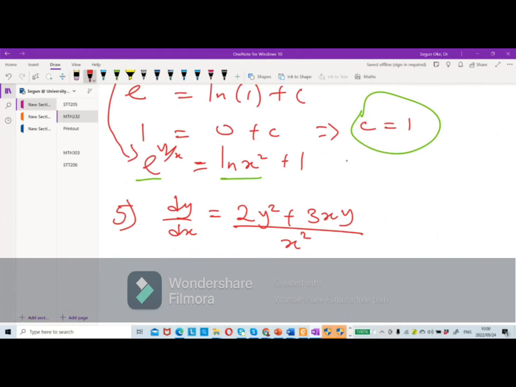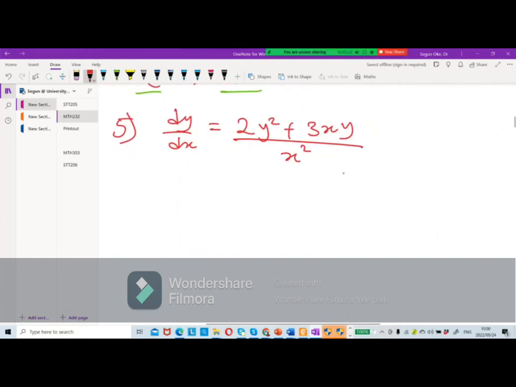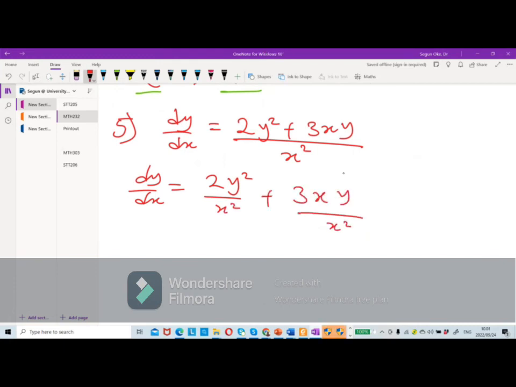Remember the way I explained the other time? Now you have y dx equals 2y squared over x squared plus 3xy over x squared. We always look at the way whereby we will have y equals vx, or v equals y over x. That's the way out here.